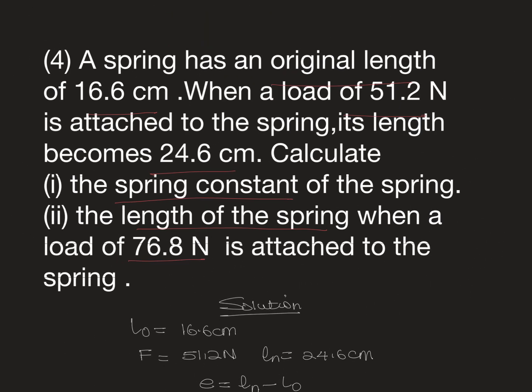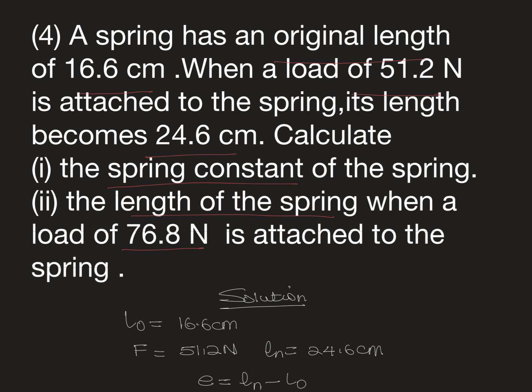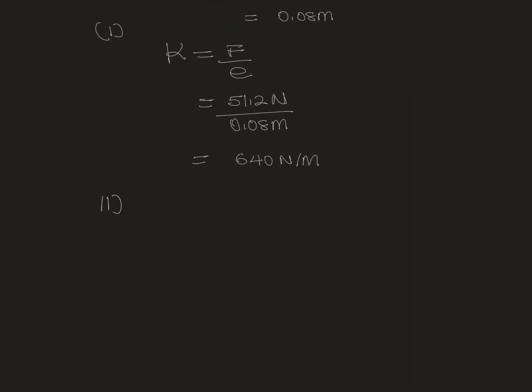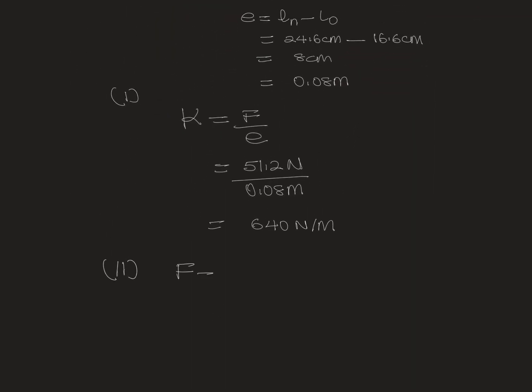Moving on to question 2, it says calculate the length of the spring when a load of 76.8 newtons is attached to the spring. So how do we calculate that? It is asking you to calculate the new length when the load of 76.8 newtons is attached to the spring. The force given is 76.8 newtons, and we already know that the spring constant is 640 newtons per meter.